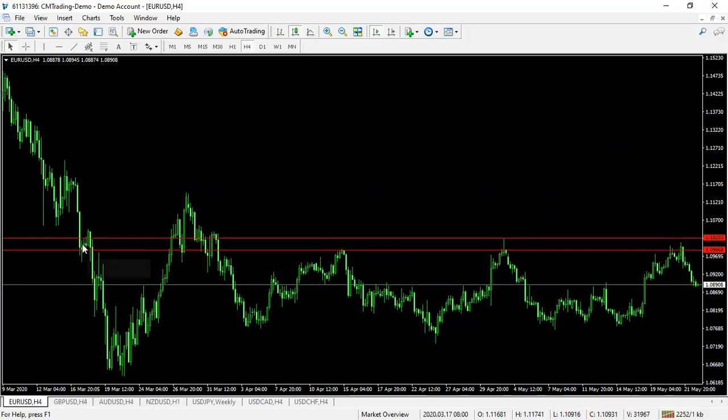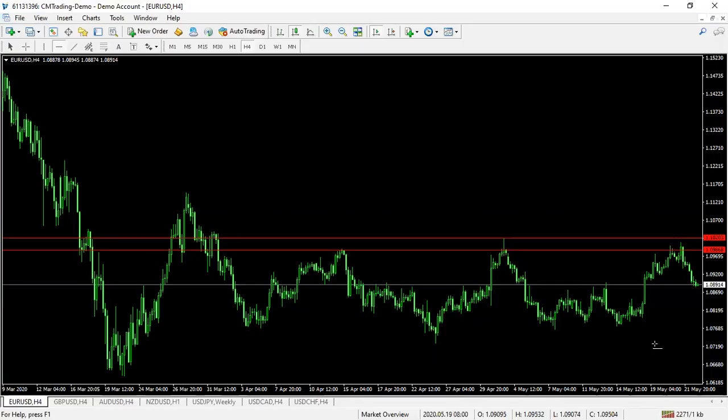Previously we can see this. Then in this case the market came up to here before it dropped, and in this case the market came up to inside that zone. In short, you draw your support and resistance but within a range. It's support and resistance but it's within a certain zone.